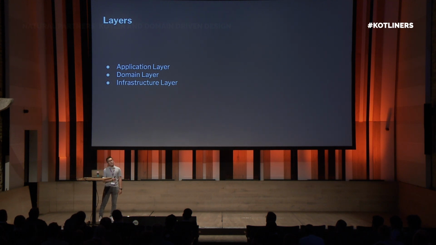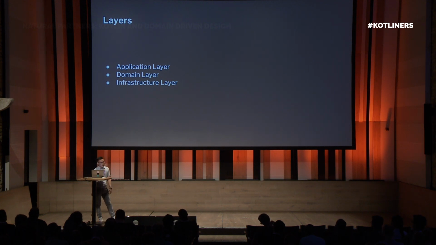The most important thing about the application layer is that it must not have any domain logic in it. The responsibility of handling the domain logic belongs to the domain layer. In the domain layer, we are going to have aggregate roots, bounded context, entities, value objects, and so on. So the domain logic itself.